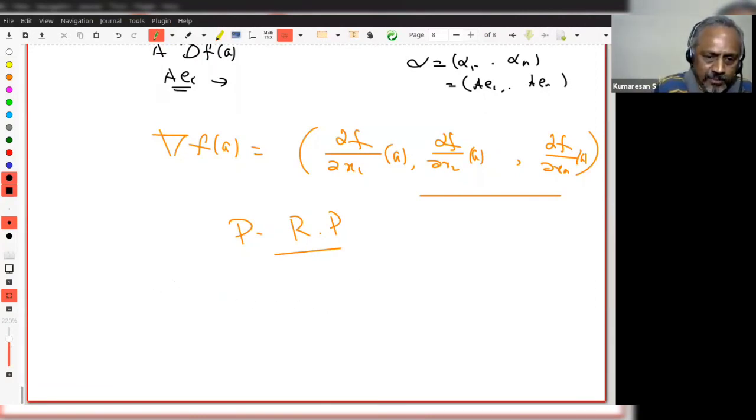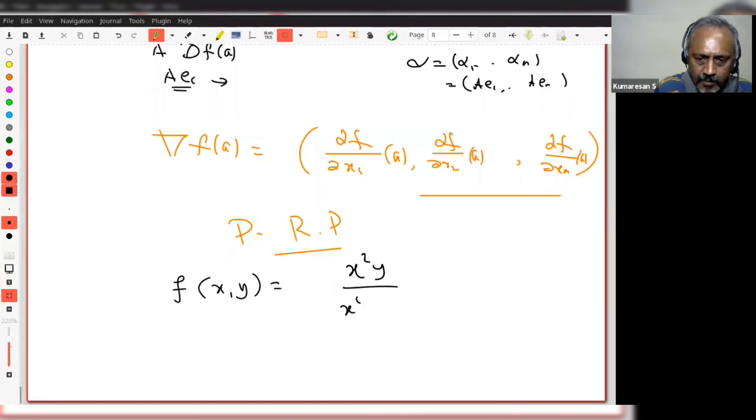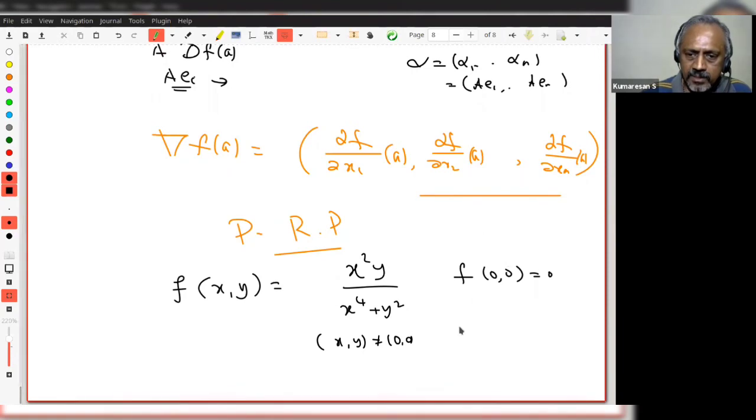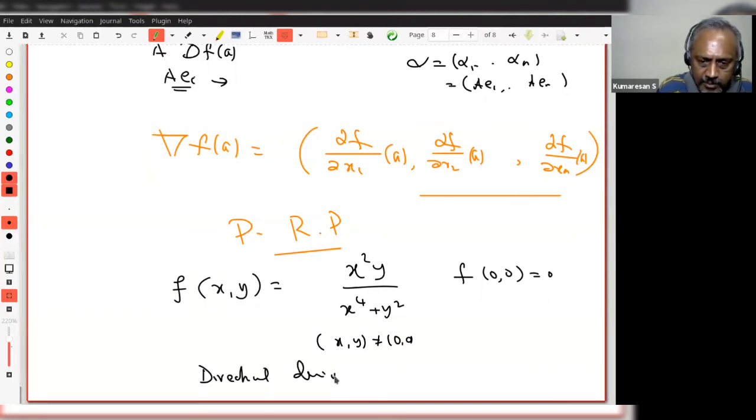Now let's look at the function. We had already seen this one essentially, when we talked about limits. We know this is not even continuous, but the directional derivatives, this is very easy, I leave it to you.